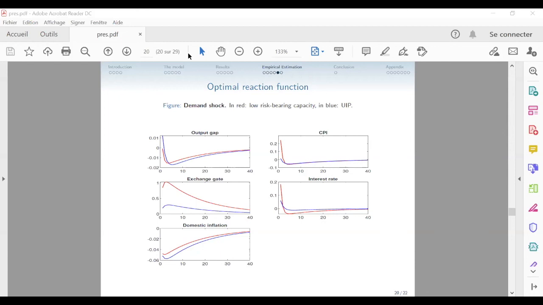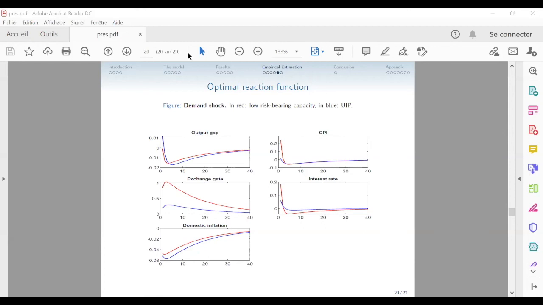The supply shock. Are you talking about the theoretical model or the result with the estimations?